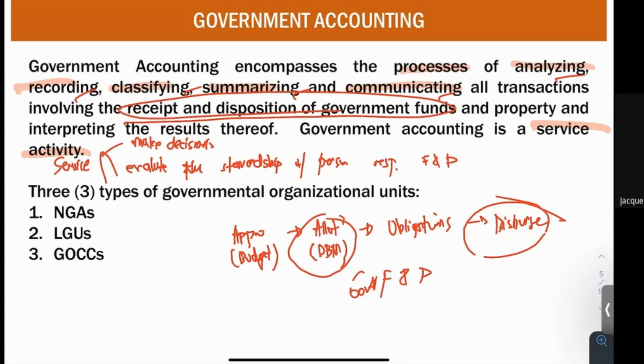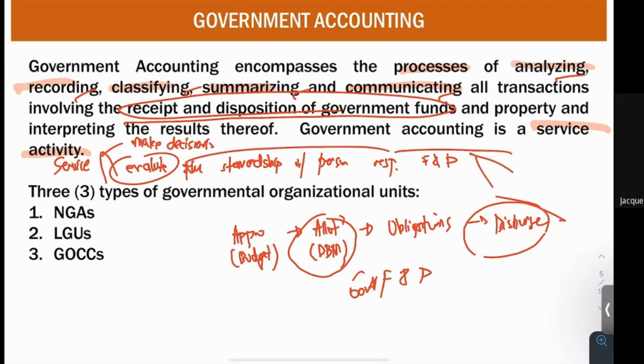You will learn soon that this evaluation of your stewardship is based on three main points: efficiency, effectiveness, and economy. So again, it's a service because it helps you to make decisions and you evaluate the stewardship of the person entrusted with responsibility over the fund and property.